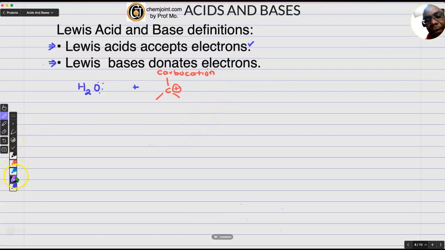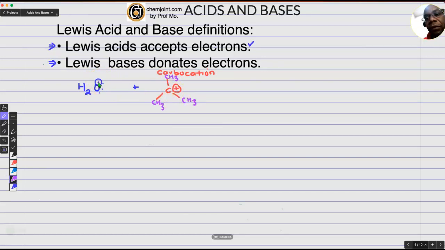You can see that the C+ here has 6 electrons around it because a bond is 2 electrons. So let me just put the CH3s there so you know those are CH3s. So you have 6 electrons around the carbon. We usually say that carbon wants to be octet, so we can give it 2 more electrons to have 8 electrons around it.